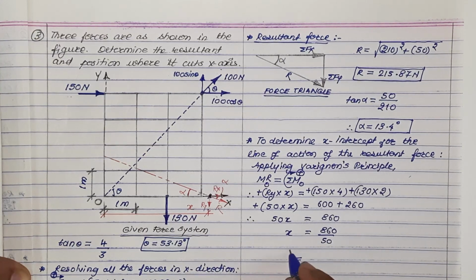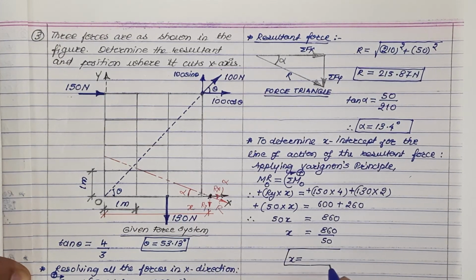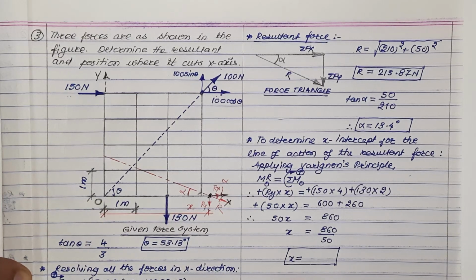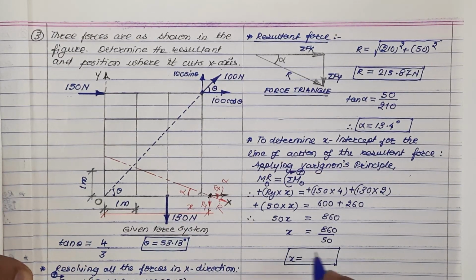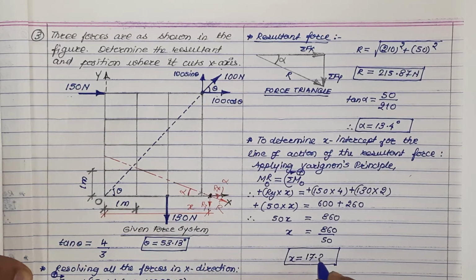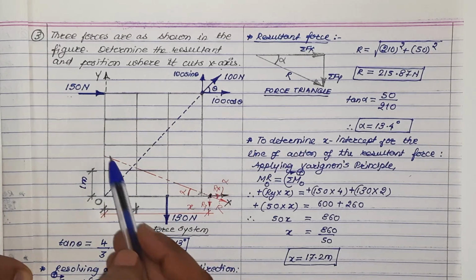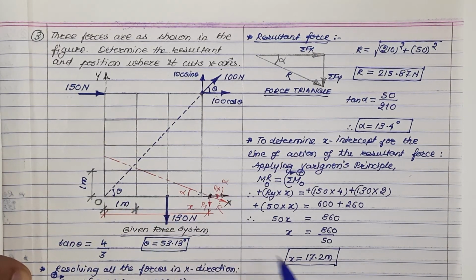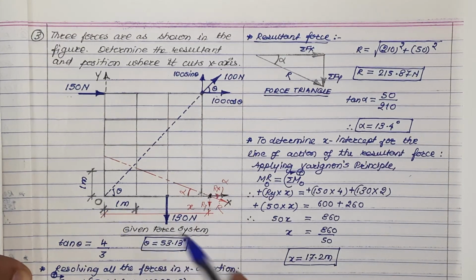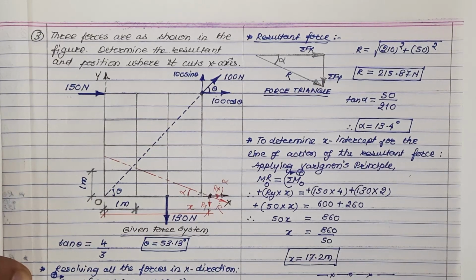Solving this, we will get distance x, which is nothing but x-intercept. Thus, x comes out to be 17.2 meters. That means line of action of resultant force will cut this x-axis at 17.2 meter right of point O. This finishes our solution. Thank you.